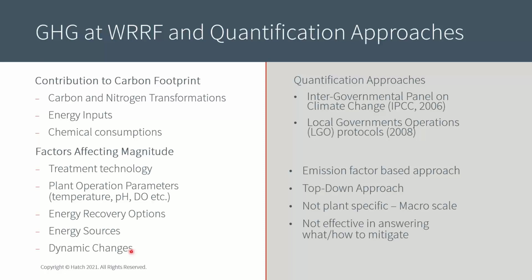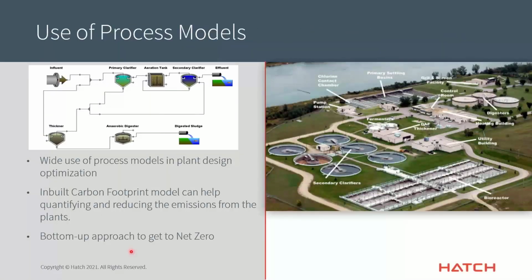So these are some of the challenges, and we believe the modeling basically can provide a good answer to these kind of questions. And we know that the process models are there. Basically, they have been in use for the plant design and optimization for a long period of time, and they essentially contain a large amount of information that we could use to actually estimate the greenhouse gas potential from each one of these plants.